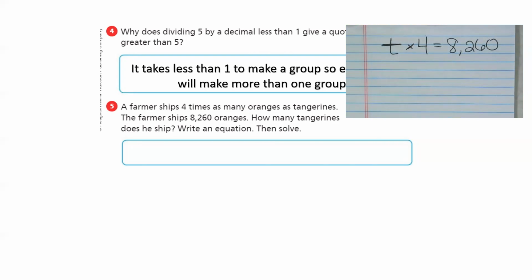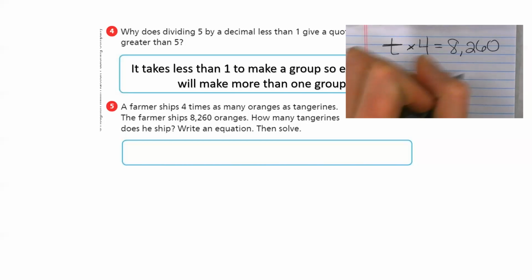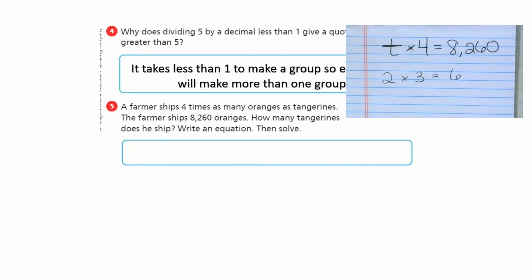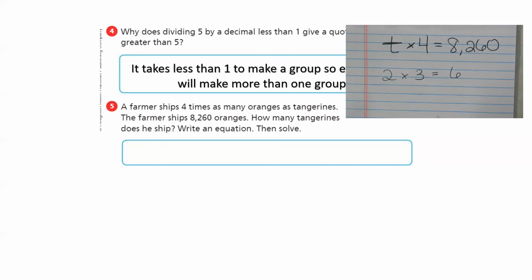Now, a lot of people can just see that formula and they know exactly how to find the answer. That's not everybody, though. So what I always tell people is put in a random answer, like a random fact family, like 2 times 3 equals 6. It's random, right? But it's easy. My brain could look at that and say, oh my gosh, that's easy.